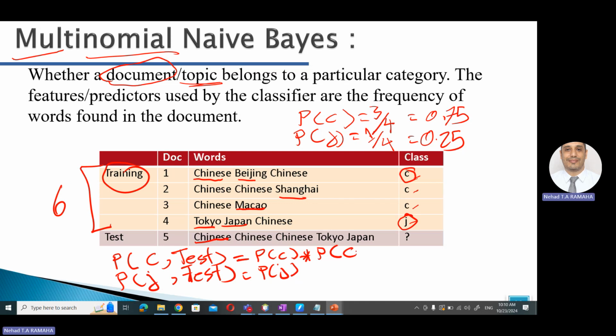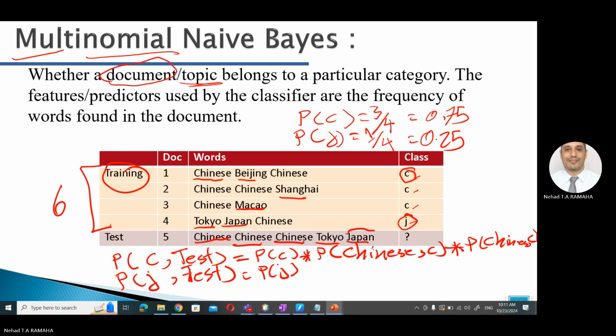So probability of Chinese with category C multiplied by probability of Chinese another time, everyone, because repetition here make difference. So probability of Chinese another time with category C another time, then Tokyo, then Japan.